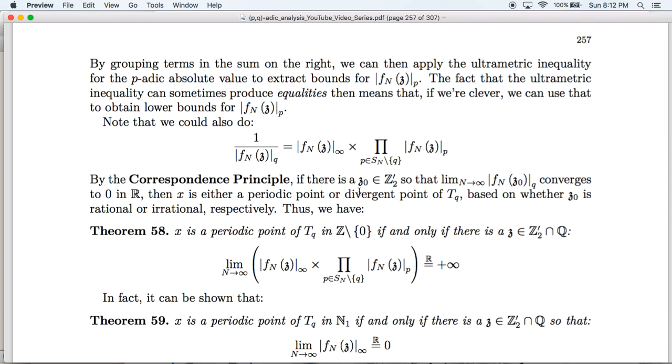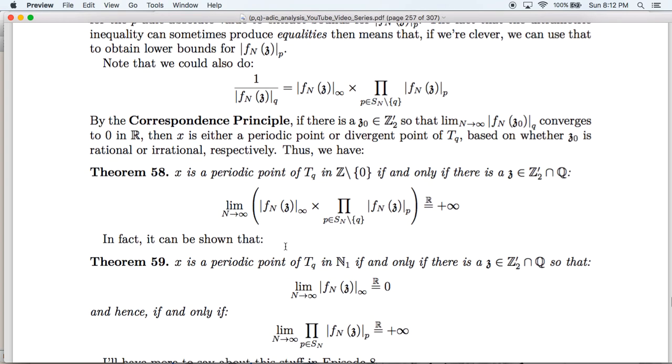That is to say, there are points in the 2-adic integers where, if you plug them into the F series, you get the correct sum regardless of whether you use the q-adic topology or the real topology.